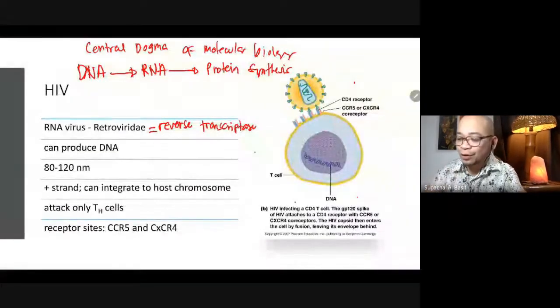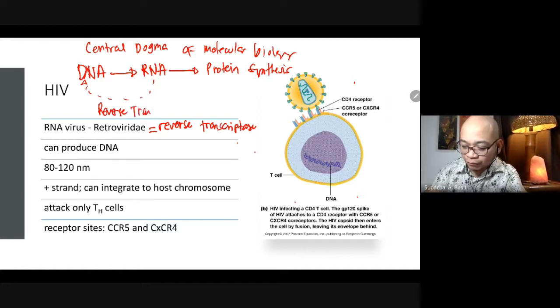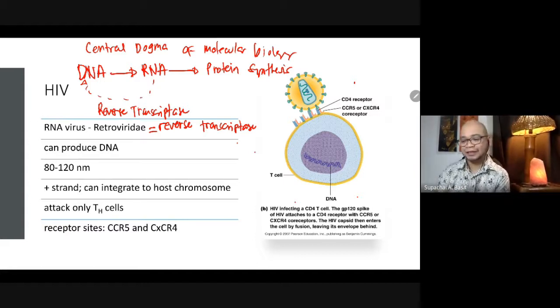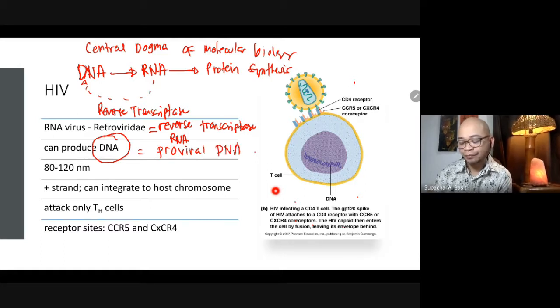However, because of the presence of reverse transcriptase, an RNA virus can actually synthesize complementary DNA. When the RNA virus produces a copy of the DNA, we call that copy the proviral DNA. So when they start to produce copies of DNA, we call it a proviral DNA.